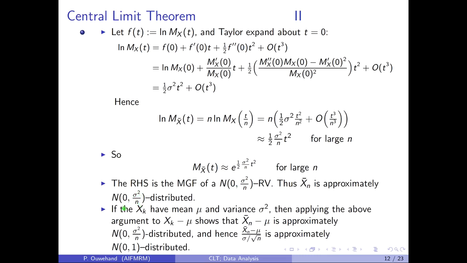If the xk are assumed to have mean mu and variance sigma squared, then applying the above argument to xk minus mu shows that x bar n minus mu is approximately normally distributed with mean 0 and variance sigma squared over n. And hence, if we divide through by its standard deviation, the resultant will be approximately standard normal.